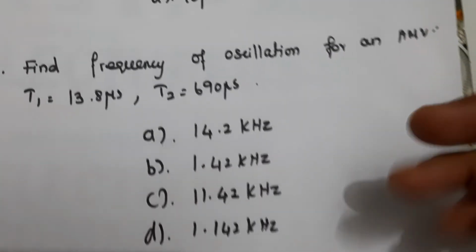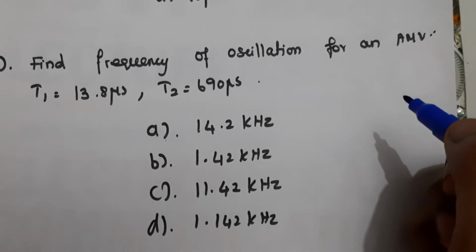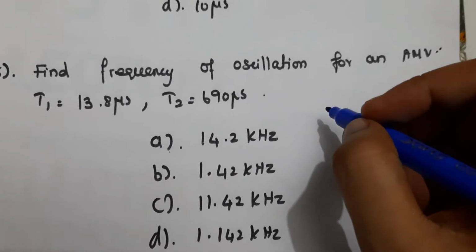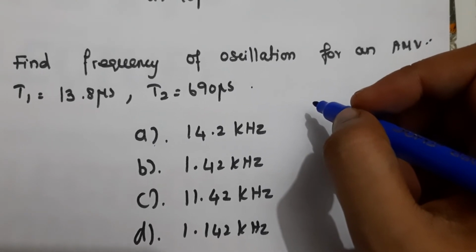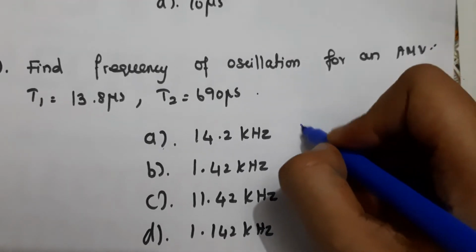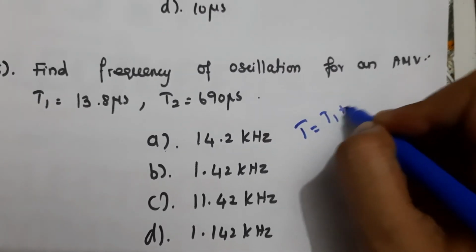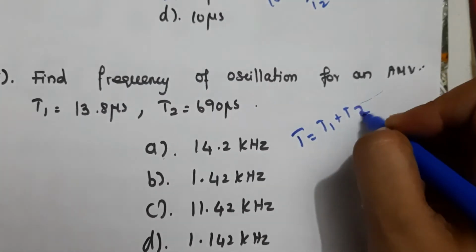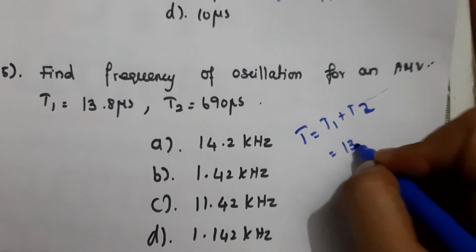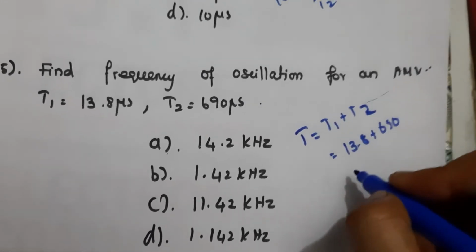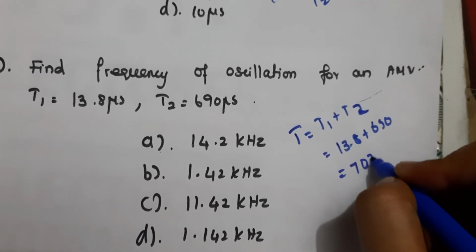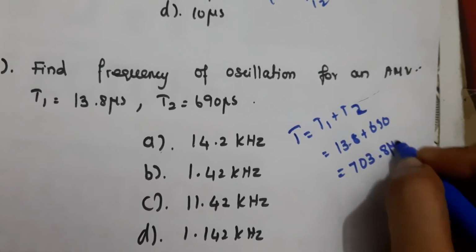And next question, find the frequency of oscillation for an astable multivibrator. T1 is equal to 13.8 microsecond, T2 is equal to 690 microsecond, and we know the total time period is T1 plus T2, so 13.8 plus 690, we will get 703.8 microsecond.